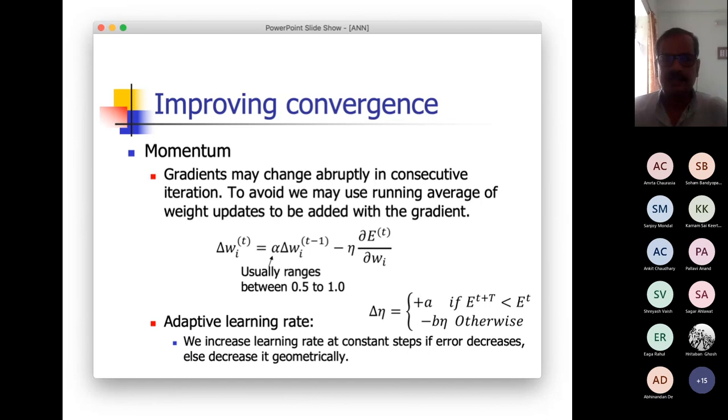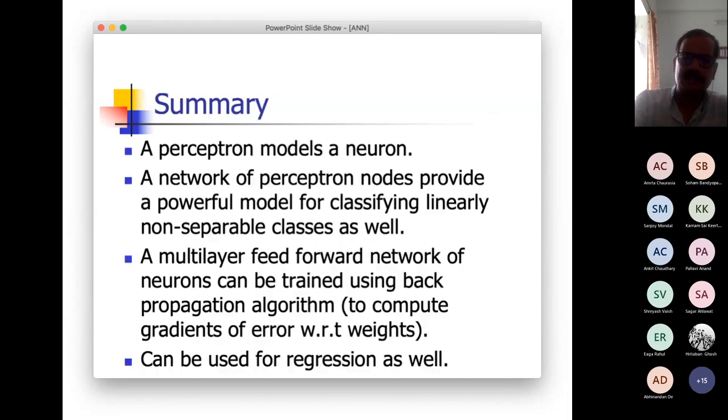That means at the point of convergence, the learning rate should be small. Slowly you are decreasing the learning rate, and when it tends to 0, you are not learning further, and that itself will give you a sense of convergence. So these are certain things which are also used in this process.